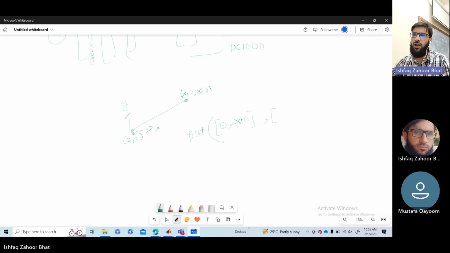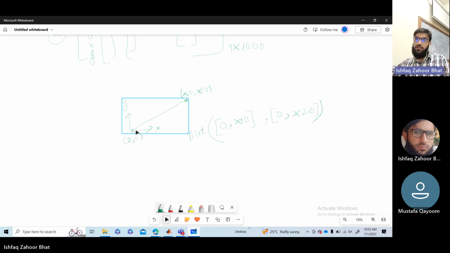What is the y coordinate of the first end? That is 0. What is the y coordinate of the second? x20. Okay. So this will plot basically a line between 0, 0 and x10, x20. This will plot a line.